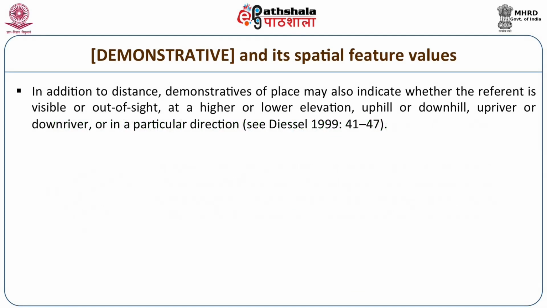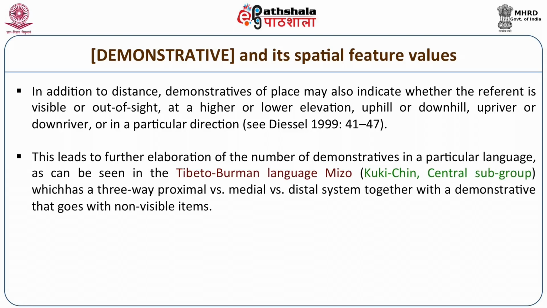In addition to distance, demonstratives of place may also indicate whether the referent is visible or out of sight, at a higher or lower elevation, that is uphill or downhill, upriver, downriver, or in a particular direction. This leads to further elaboration of the number of demonstratives in a particular language. Meʔen can show us.